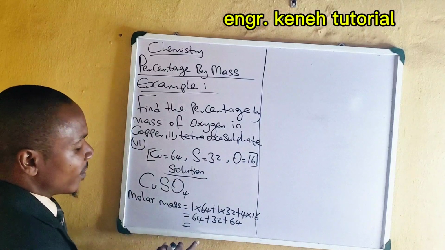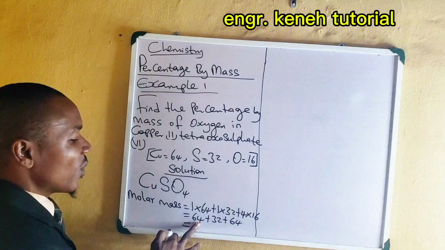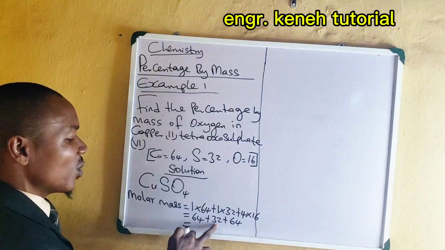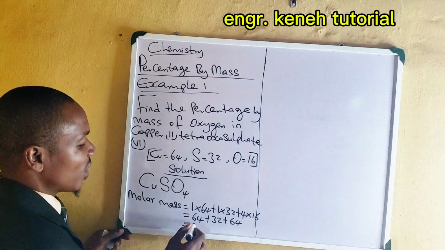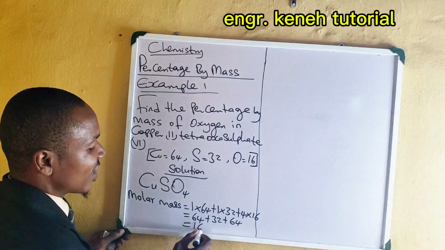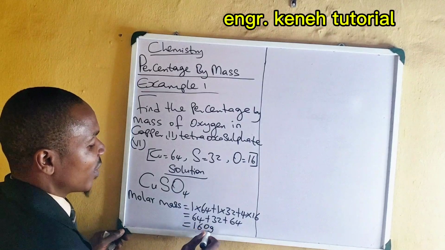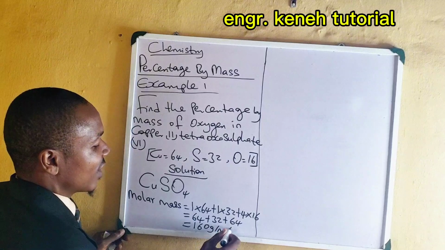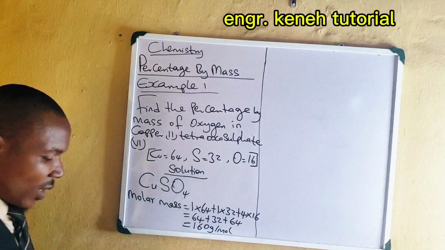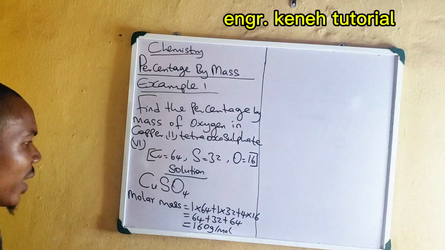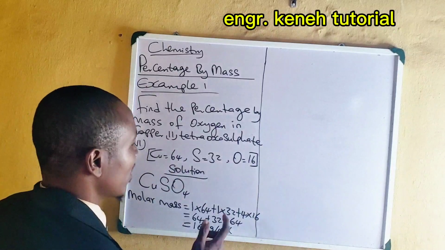So 64 plus 32 is 96, plus 64 gives us 160 grams per mole. Can you see that? So we have the total mass of this to be 160 grams per mole. But we're talking about oxygen.